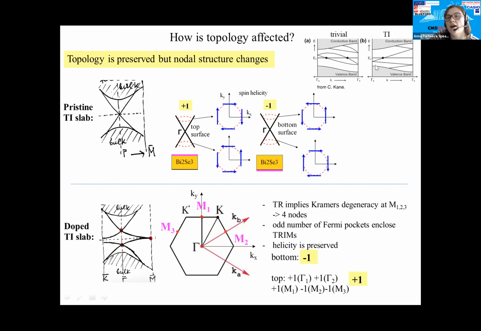So in a topological insulator, between any two time reversal invariant momenta, an odd number of edge states cross the Fermi level, and there is this partner switching behavior. In the pristine topological insulator with one Dirac cone, this is obvious. Whenever we place the Fermi energy inside the bulk gap, there is always one edge state crossing the Fermi level.